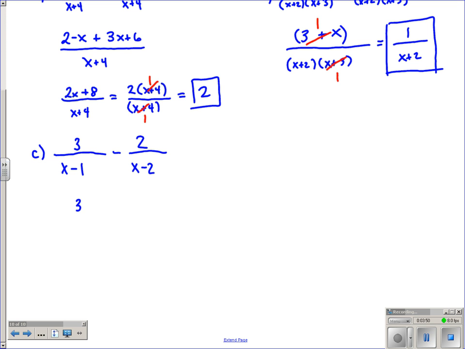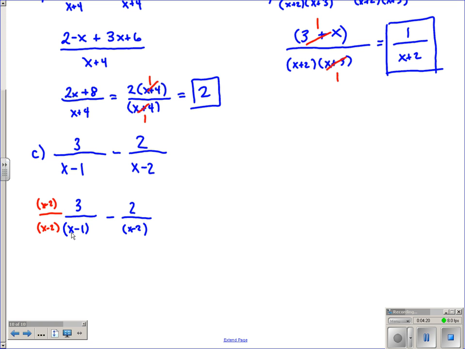So I'm going to rewrite this below here. I've got the factor x minus 1, and I've got a factor of x minus 2. So in order to make these the same, I'm going to multiply my left fraction by the value of 1, but in the form of x minus 2 over x minus 2.